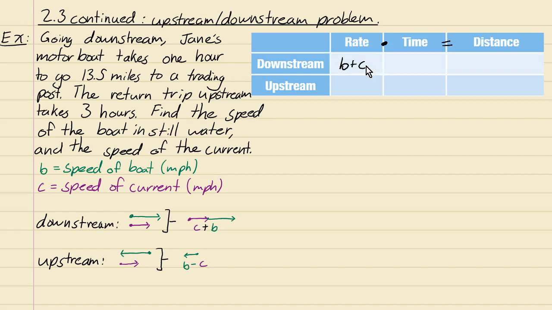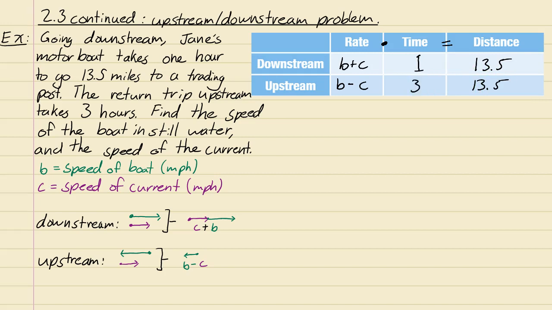The upstream speed is b minus c, and the times are different. The time to go downstream was only 1 hour, so that's just 1. And the distance that you go in that 1 hour was 13.5. And upstream, the distance you go is still 13.5 for the return trip, but it took 3 hours.